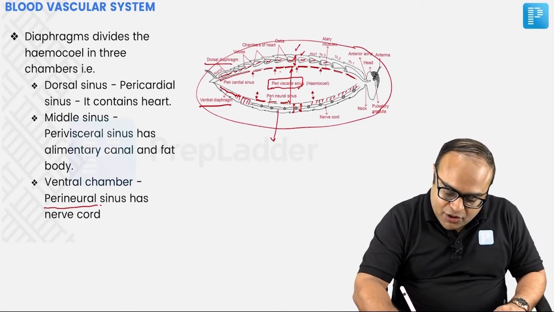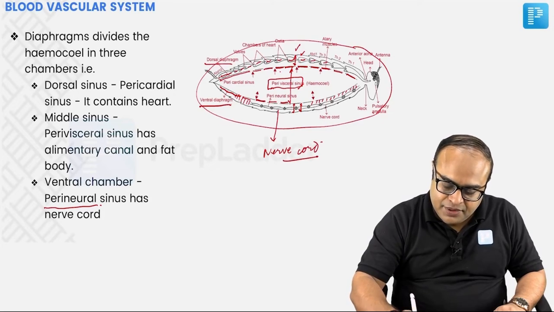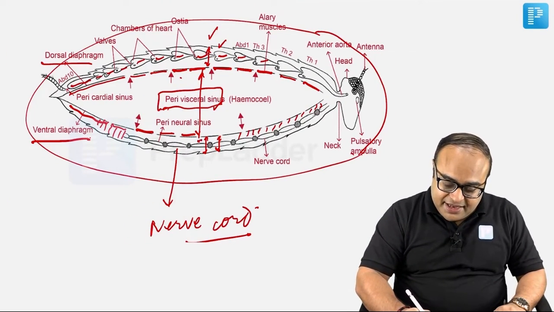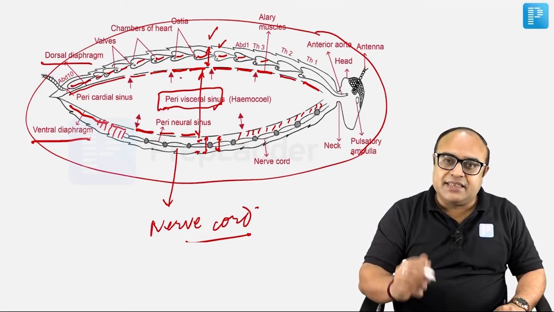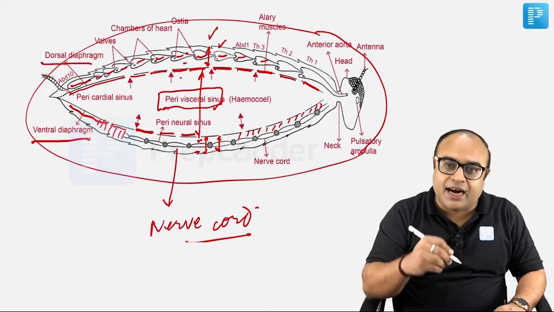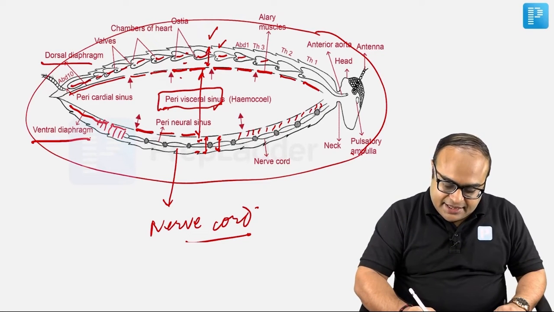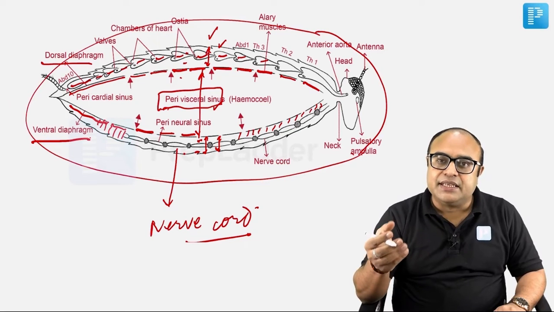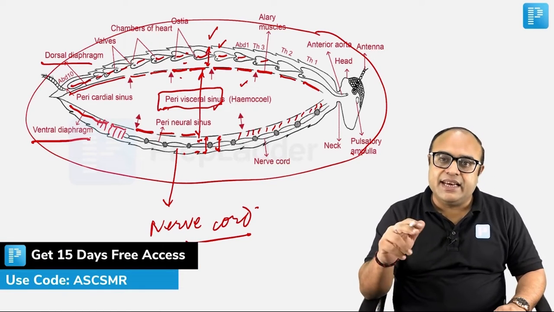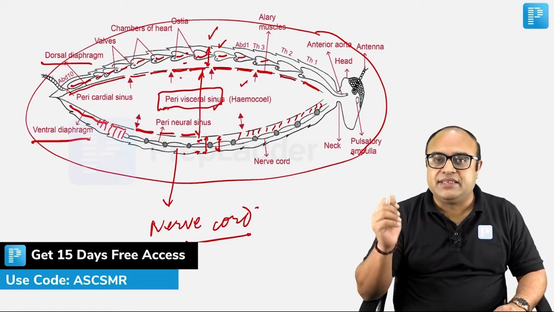Because this was the nerve cord, and this space is enclosing this nerve cord, hence it is the perineural sinus. This space was enclosing the heart, hence the name pericardial sinus. This space is enclosing the nerve cord, so perineural sinus, and the middle space is enclosing the visceral organs and hence it got the name perivisceral sinus.